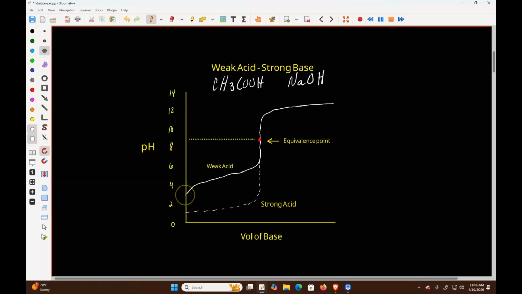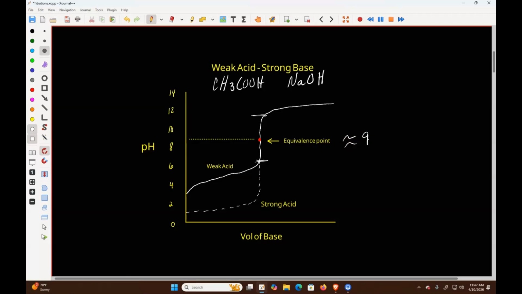Notice we're starting at a much higher point because acetic acid is a much weaker acid. Also notice that this area here is much shorter than before. And also notice that the equivalence point, or the halfway point of the vertical rise, is at approximately pH 9.